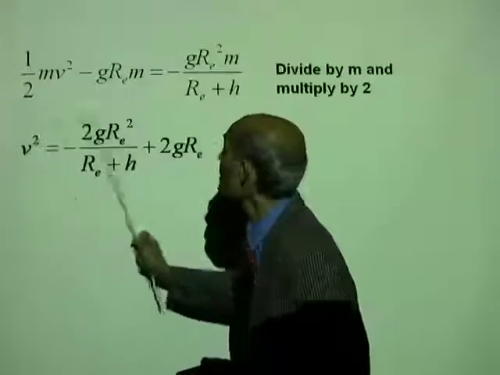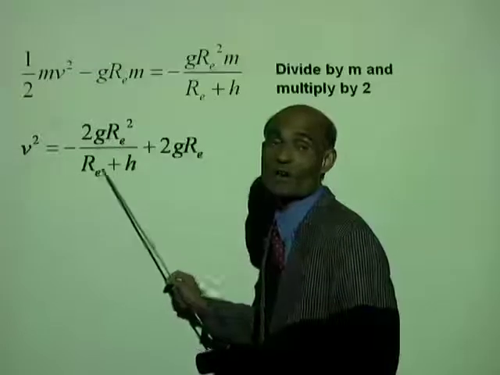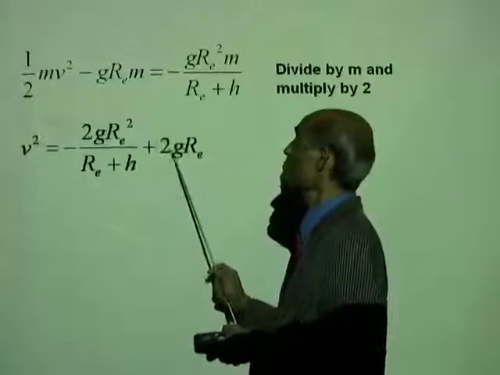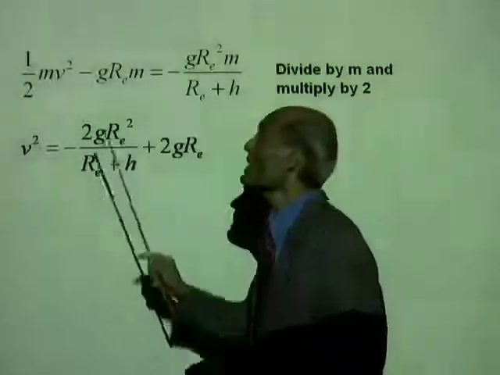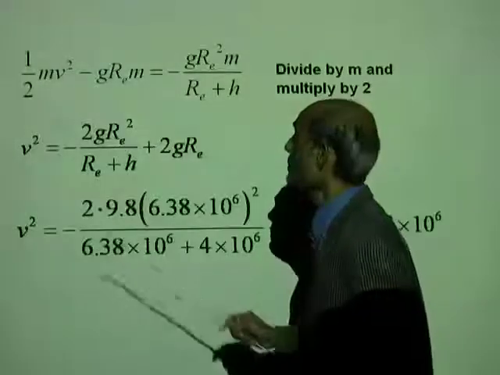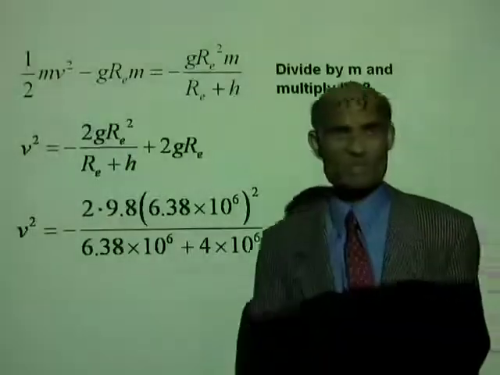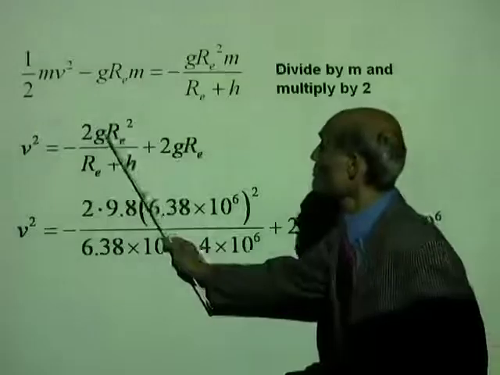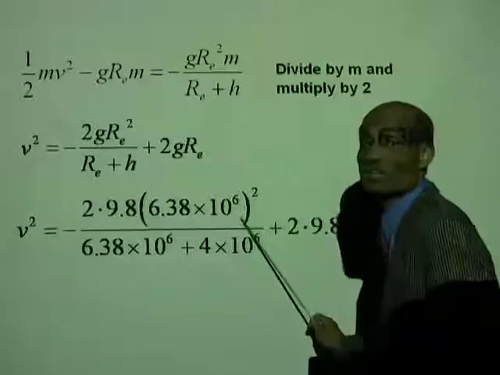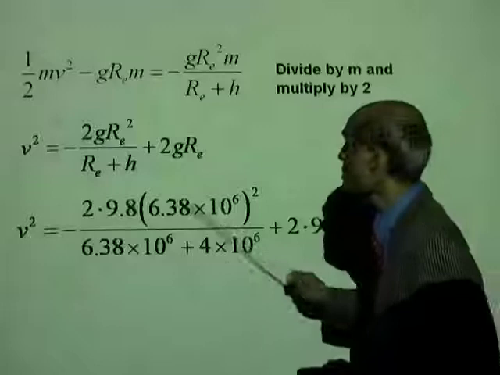So, v squared equal to, I'm going to write this term first, 2 g RE squared over RE plus h, and moved that term to the right side, plus 2 g RE, so that I have v squared alone on the left side. And now, let's put all these values, that is the challenging part, is that right? Putting them all on your calculator. Well, we know g, that is 2 times 9.8. Now look at the way I write the square of the radius of the earth. 6.38 times 10 to the 6th squared.